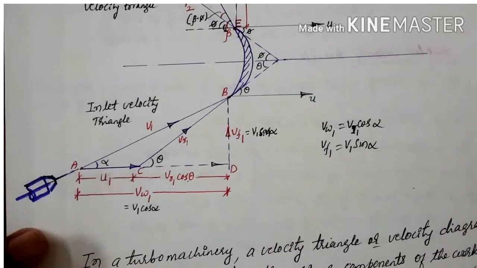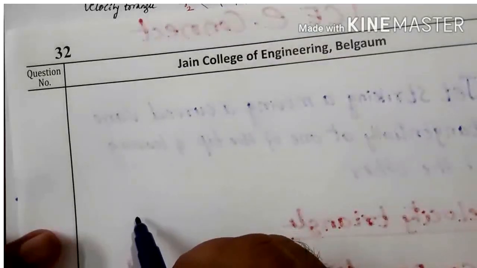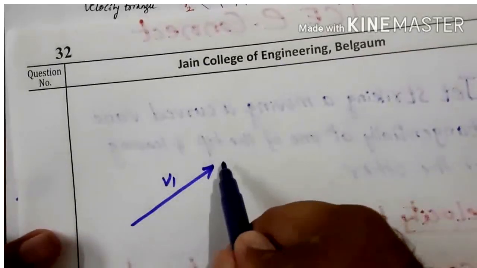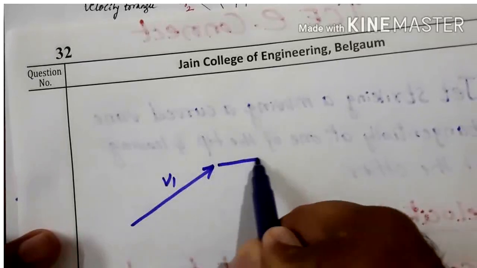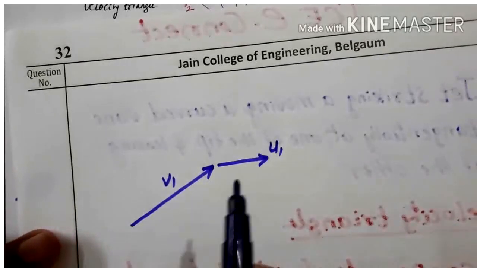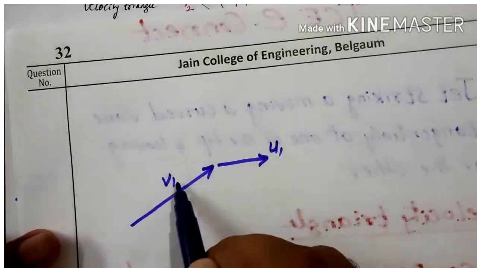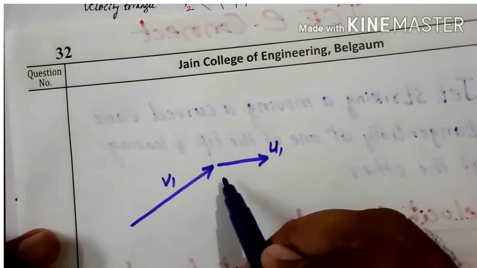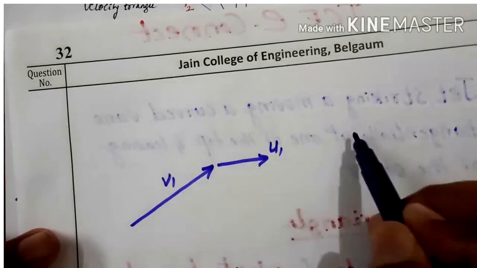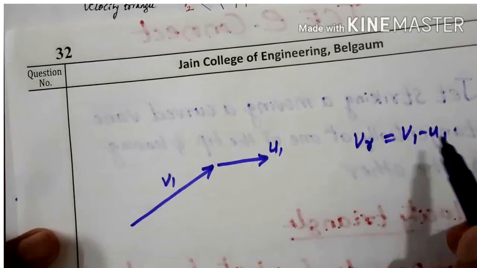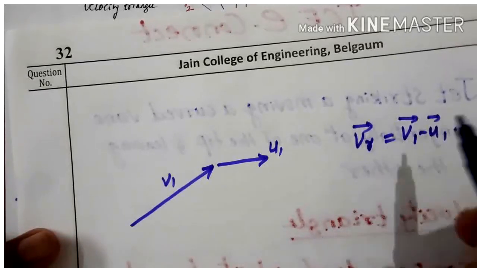So I'll draw here. This is the jet velocity v1 and this is the vane velocity u1. The vector difference of these two gives the relative velocity, v1 minus u1, vector in nature.